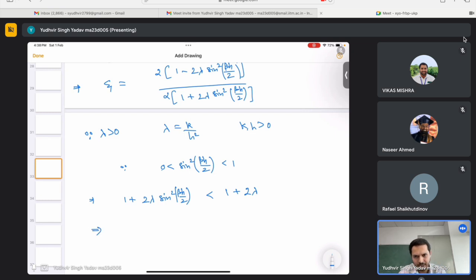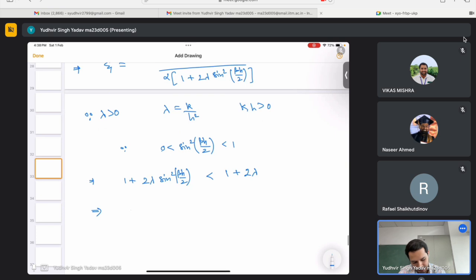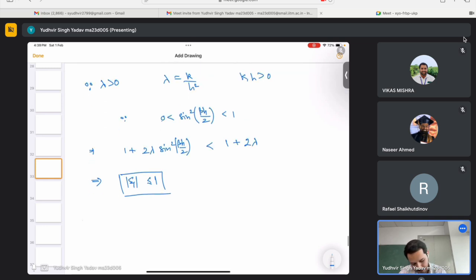So again, as with the Laasonen scheme, we can comment that here ξ, the amplification factor, is always less than or equal to 1. Therefore, the Crank-Nicolson scheme is also unconditionally stable.